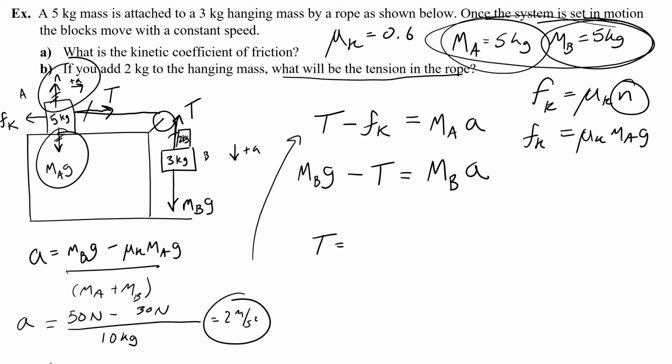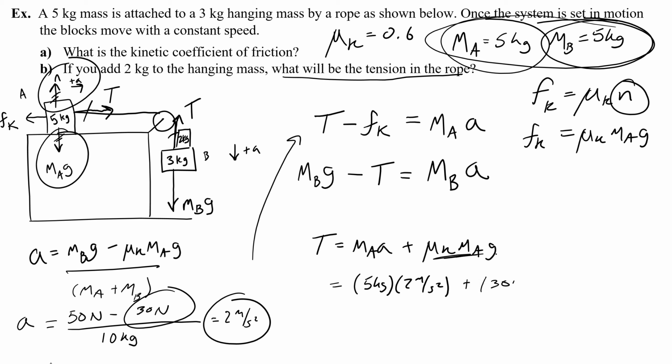So I would write T equals ma times the acceleration plus friction, which, remember, friction is mu k mag, and that's that 30 newtons that we calculated. So I would do the mass of A, 5 kilograms times 2 meters per second squared, plus, we already calculated this, 30 newtons. So 10 newtons plus 30 newtons, or 40 newtons, is the tension between them.